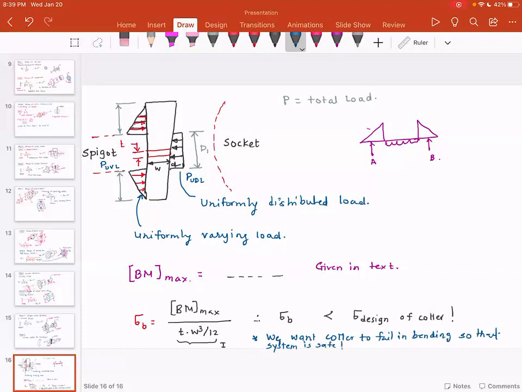And this is the principle of fail-safe design, because it's much easier to replace the cotter than to replace the socket and spigot.